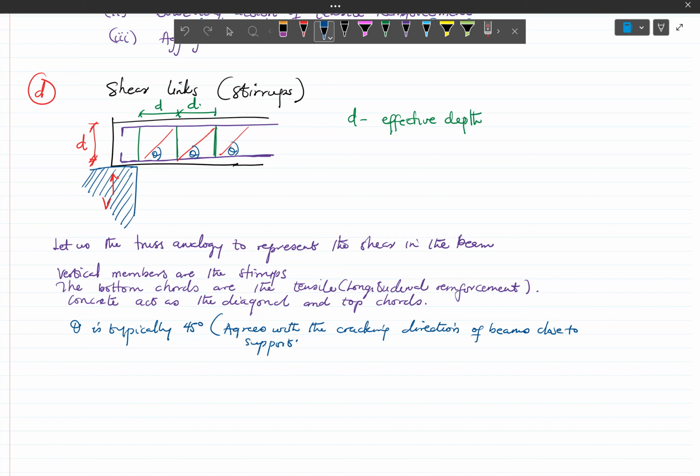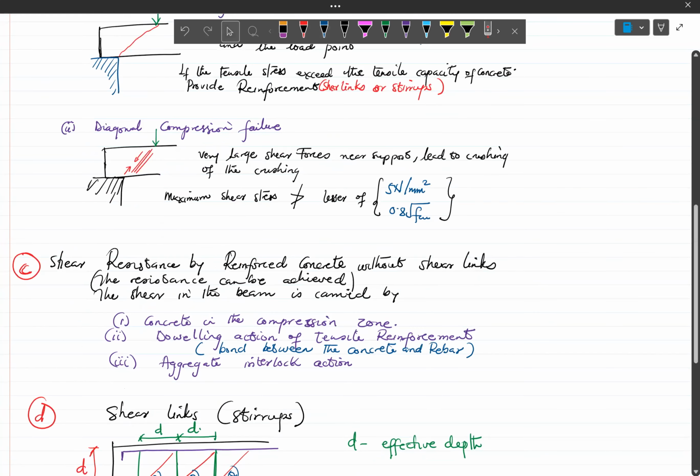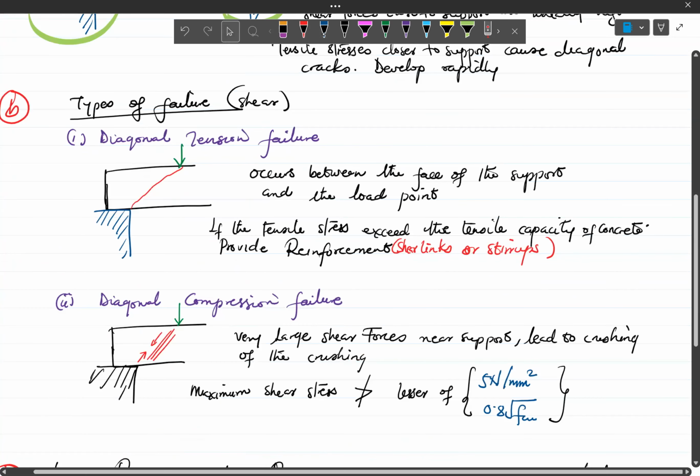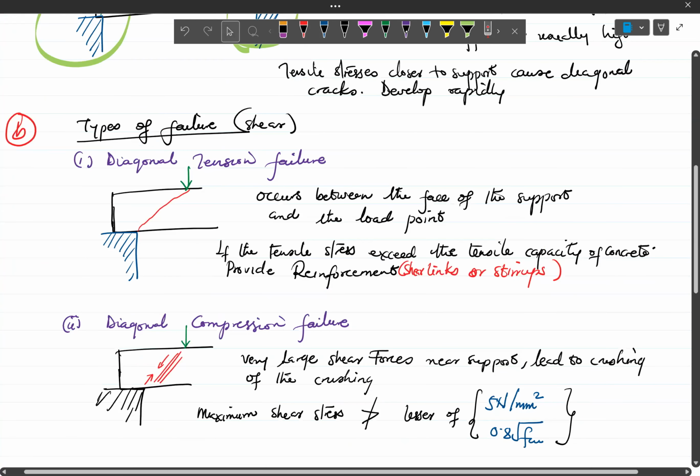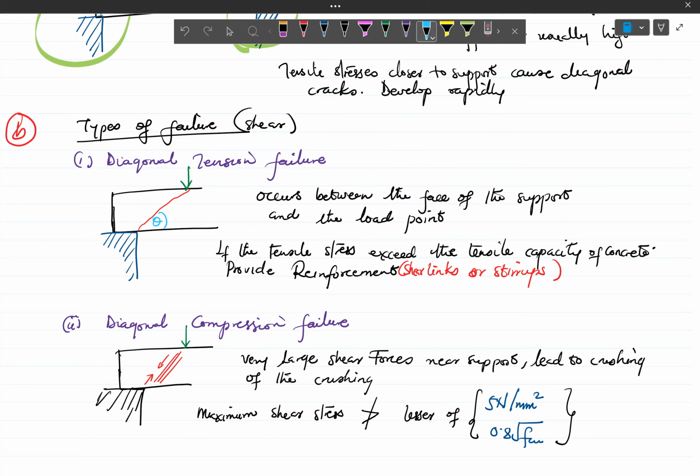Okay. So if you look at the diagonal tension failure, normally this angle theta is almost 45, almost all the time. It could vary a little bit, but through experiment, the crack angle can be around 45 degrees.